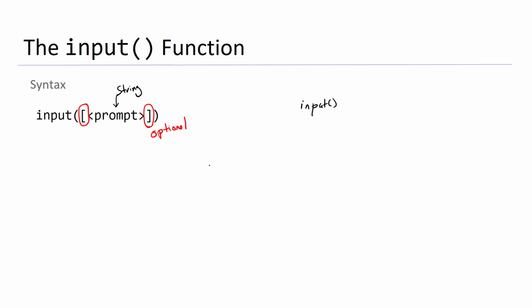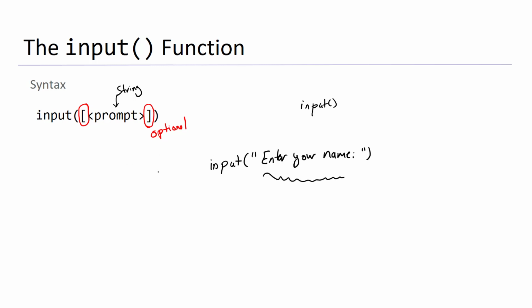So the way we usually use the input function is by typing the word input, opening parentheses, and giving it a string message, for example, a message that tells the user: enter your name. When this line is run by the Python interpreter, it will display a message to the user that says enter your name.